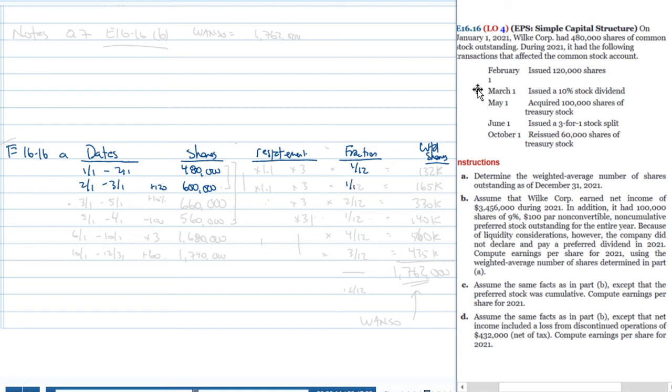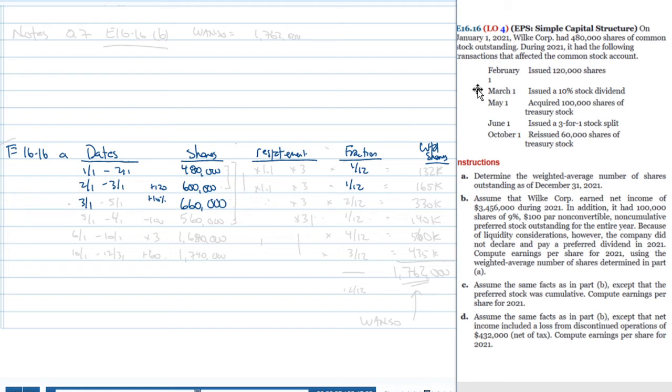And so it's another 1/12. And then what happens on March 1st? On March 1st, we issued a 10% stock dividend. So what that means is we're going to take 10% of 600,000, or 60,000 shares, which brings our total shares up to 660,000.